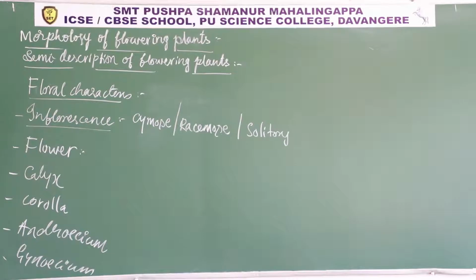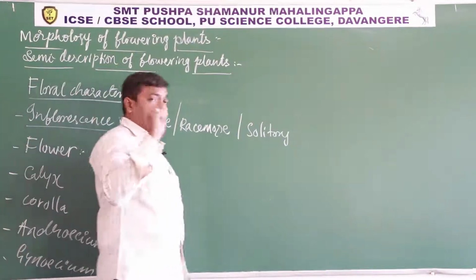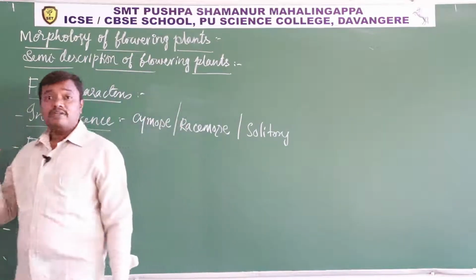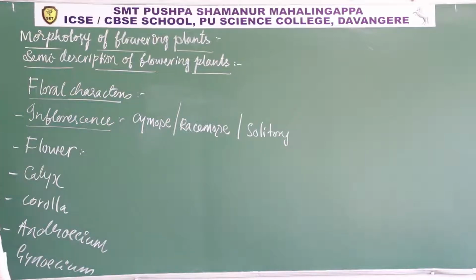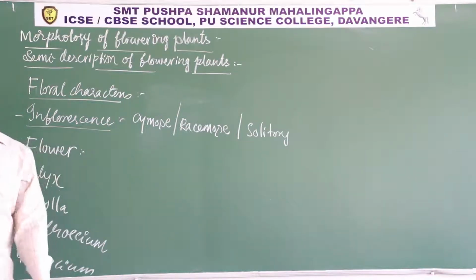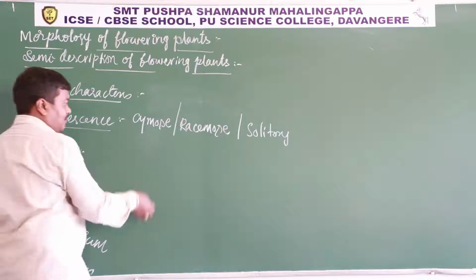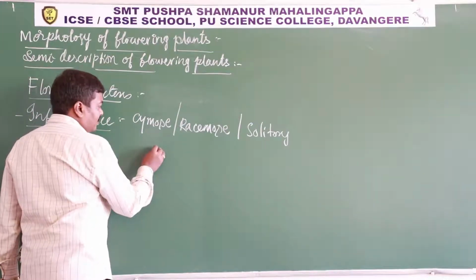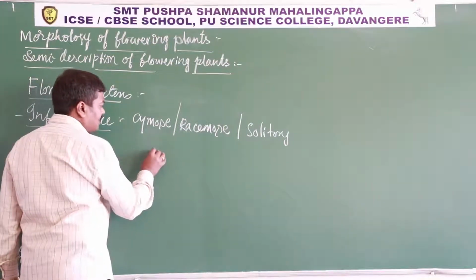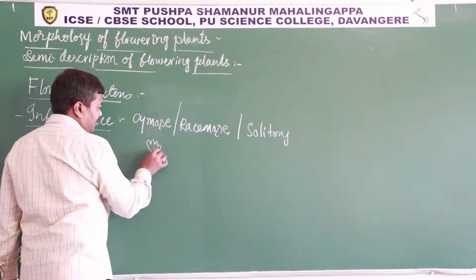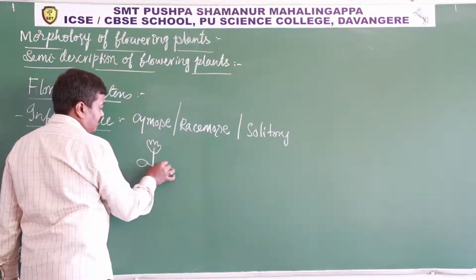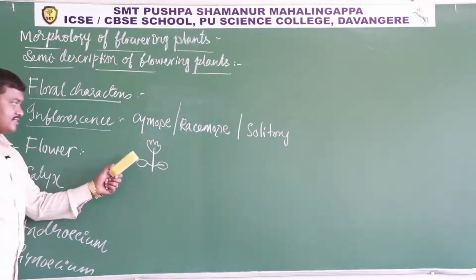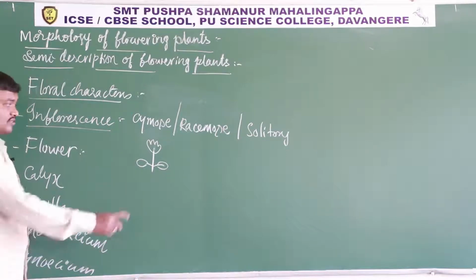Cymose inflorescence is a type of inflorescence where the arrangement of flowers is in basipetal succession, whereas in racemose it is acropetal succession. That means in cymose inflorescence, the older flower is at the tip and the younger flower at the base. That is called cymose inflorescence. So it is called basipetal.